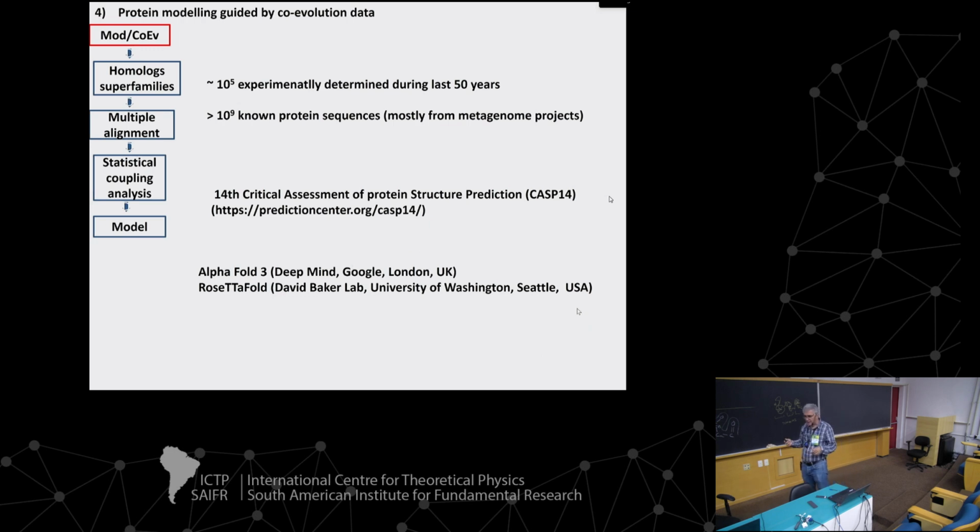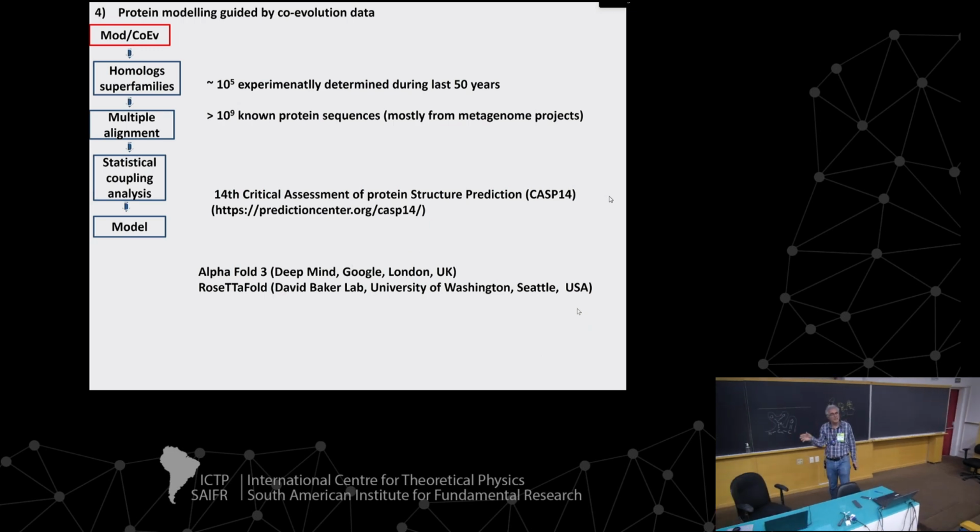So this has helped a lot in the protein structure prediction field. I mentioned the Critical Assessment of protein Structure Prediction. This is a contest that's been going on since the 1990s or something like that, where structural biologists would determine the structure of a protein but not publicize it.